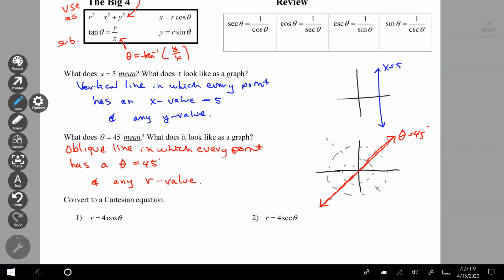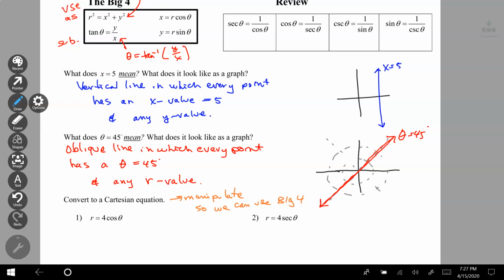So now we're going to work on converting these polar equations, r's and thetas, into Cartesian equations, x's and y's. How do we do that? We're going to manipulate. We can use the big four on the top of the page here.